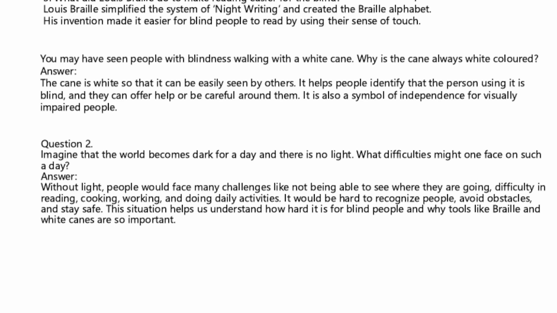Everything will be difficult. It will be harder to recognize people, avoid obstacles and stay safe. Sometimes we might hit somewhere in the dark place also. So this situation helps us understand how hard it is for blind people, and why tools like braille and white canes are so very important to them. Okay.